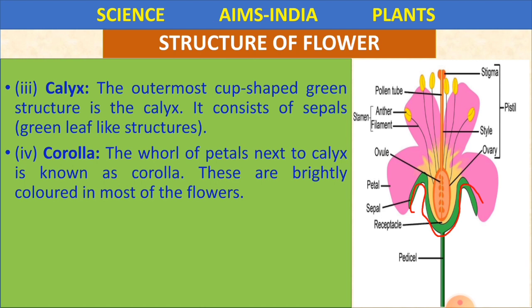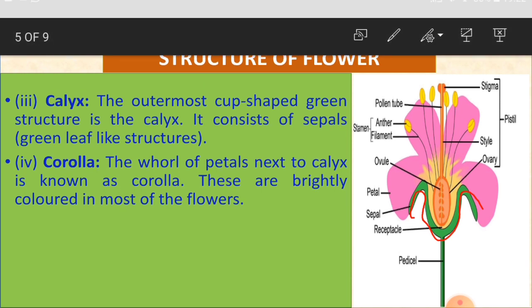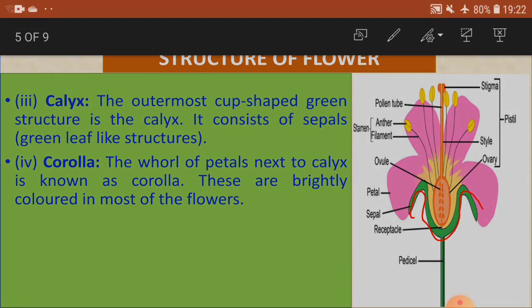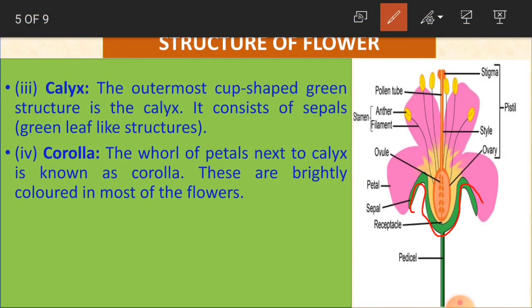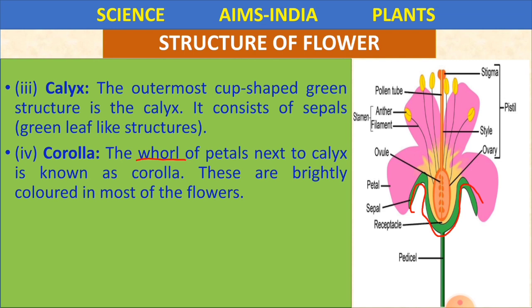Okay, children. The petals next to the calyx are known as the corolla, and they have got beautiful colors in most of the flowers.